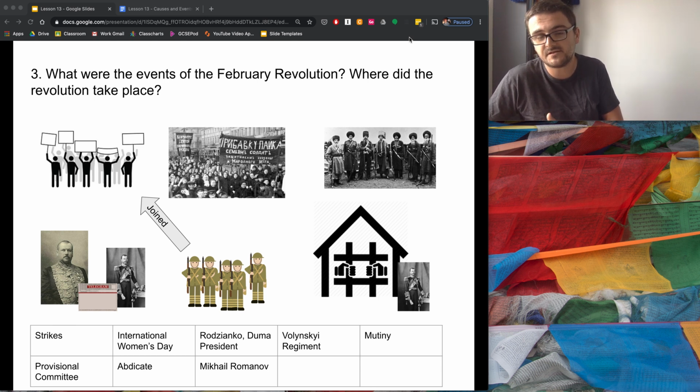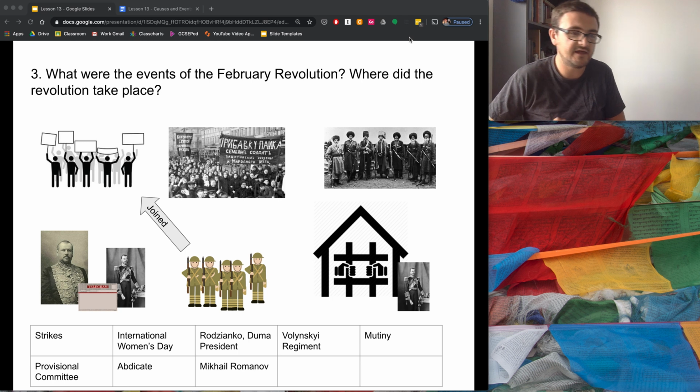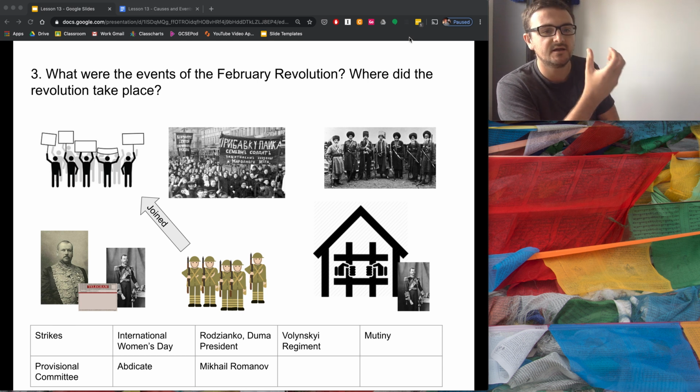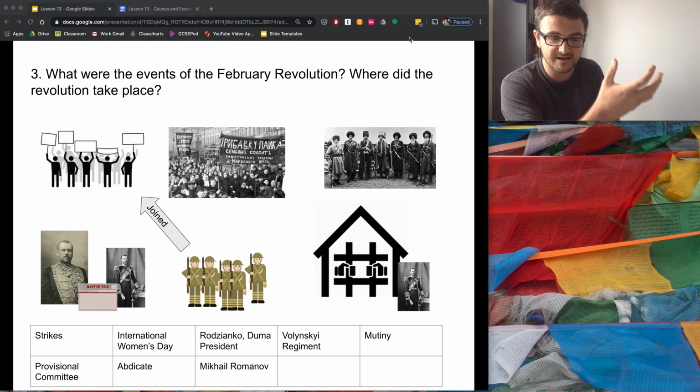They see the crisis of the war. They might have started to lose faith in the Tsarist as well, and they decide not to attack the strikers. And this is the first step in where things come crumbling down for the Tsar, because the police, one of the tools that a Tsar would have had to control his people, isn't working anymore because they're choosing not to back him up.